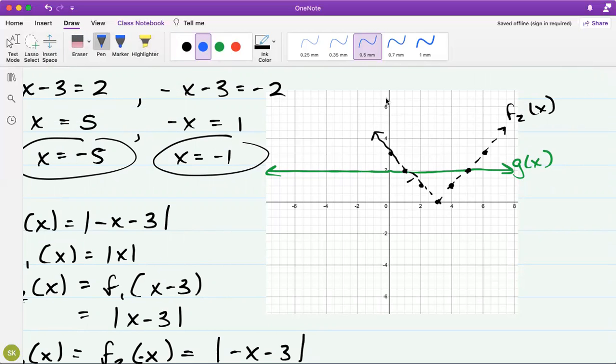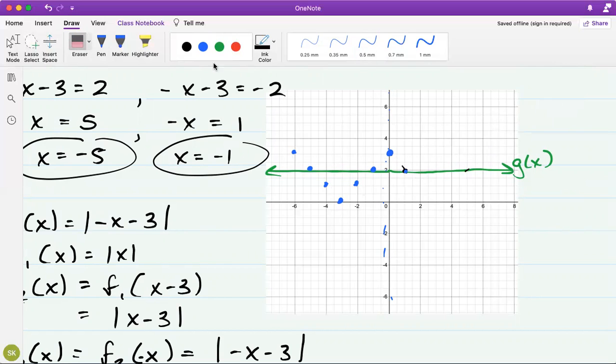If we flip with respect to this axis here, this point goes here. This one stays here. This one goes here. This is at 3, so then it goes to -3. And we know what this graph looks like, so we can finish drawing it. Erase this one. And now let's connect these dots.